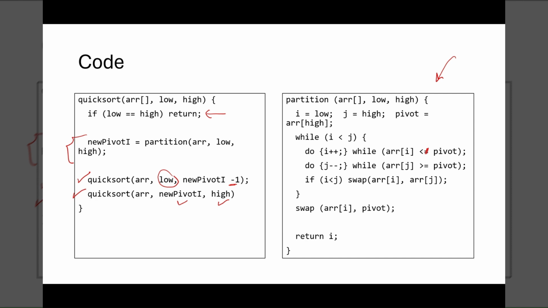Within the same loop, if I still didn't cross j and these two loops have ended, that is I and j have stopped, but they didn't cross, we swap whatever at I with whatever at j. If we exit this loop, that is, this condition has broken, we swap whatever at the I with whatever at the pivot. Now this can happen with an if condition. And finally, we return this as the new pivot.